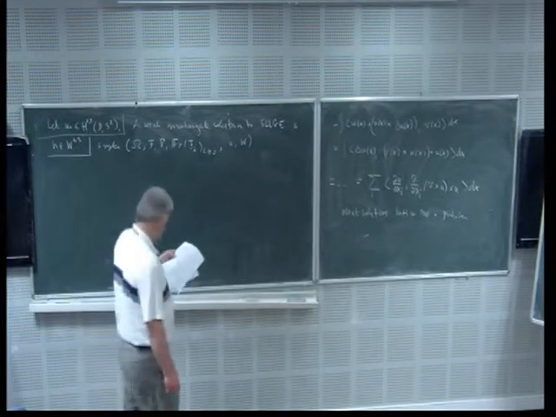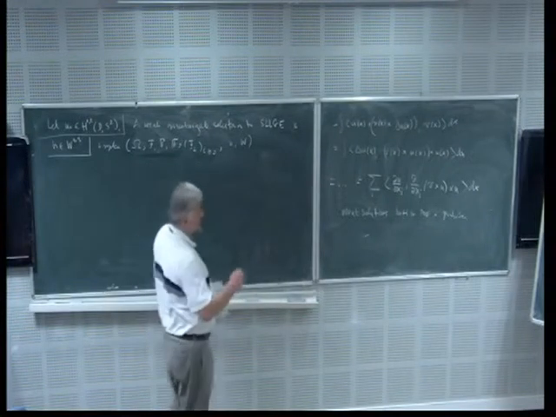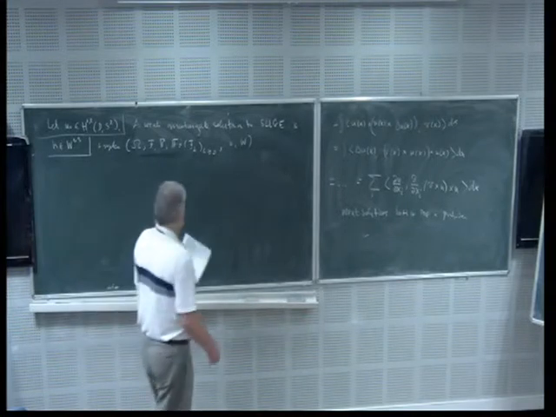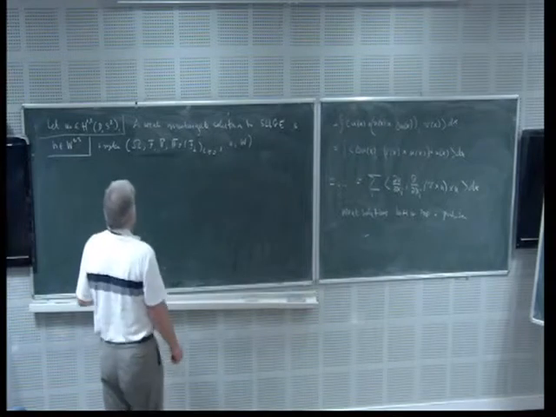So such that this is a filtered probability space. It satisfies the so-called usual conditions. W is an F-Wiener process.